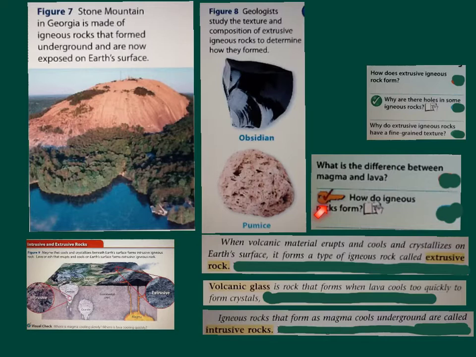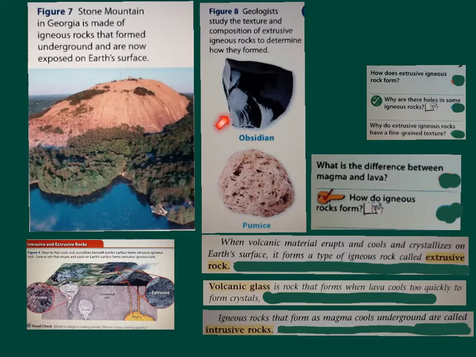Volcanic glass is rock that forms when lava cools too quickly to form crystals, such as the obsidian shown in Figure 8. Magma stored underground can contain dissolved gases. As magma moves toward the surface, pressure decreases, and the gases separate from the molten mixture. This is similar to the carbon dioxide that escapes when you open a carbonated beverage.